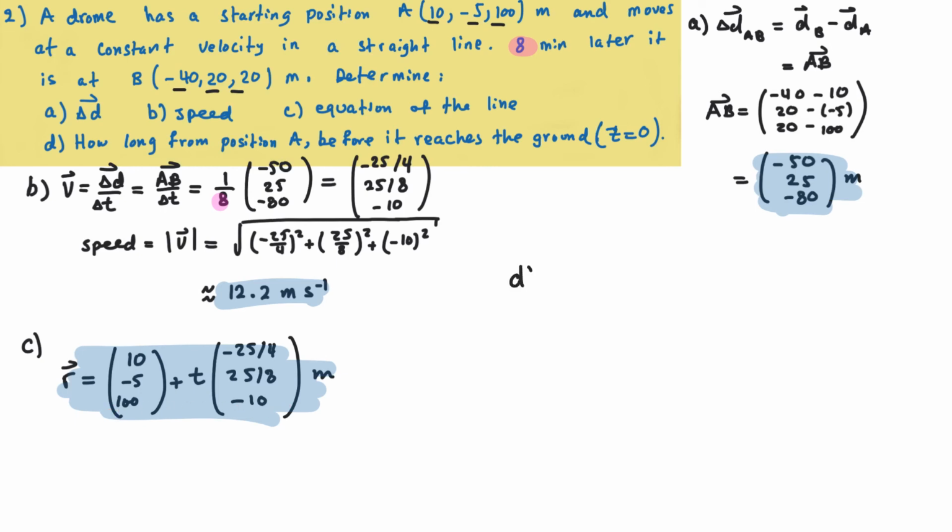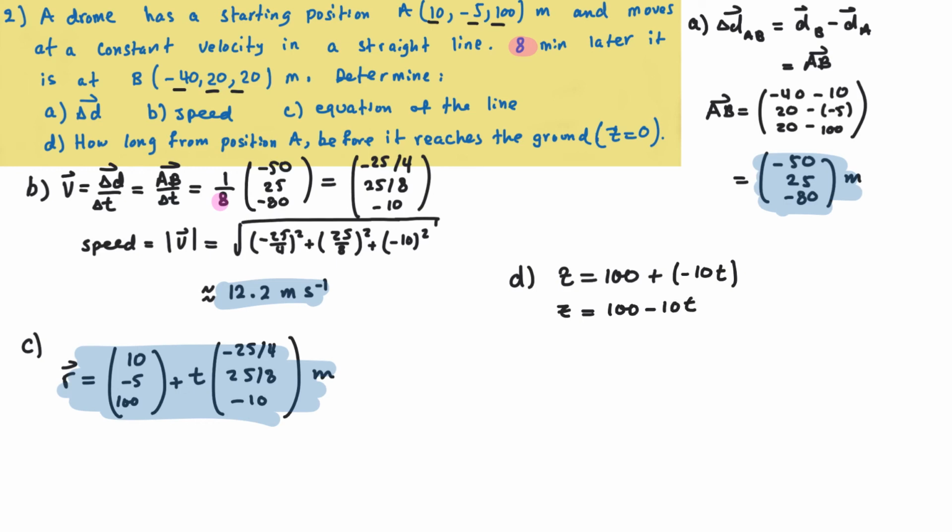So for part D, the Z coordinate is equal to 100 plus t times negative 10, which is negative 10t, which is the same as 100 minus 10t.